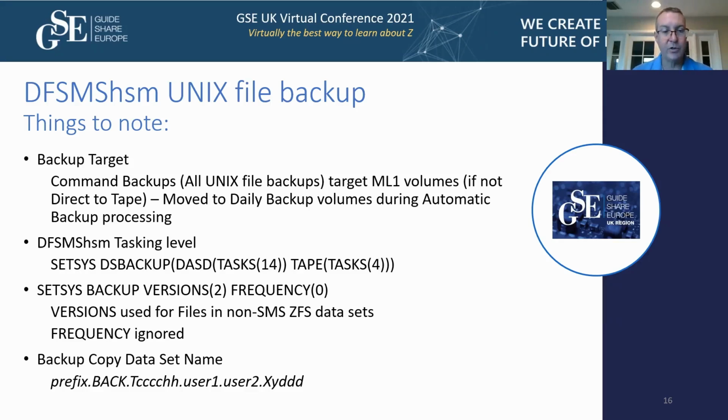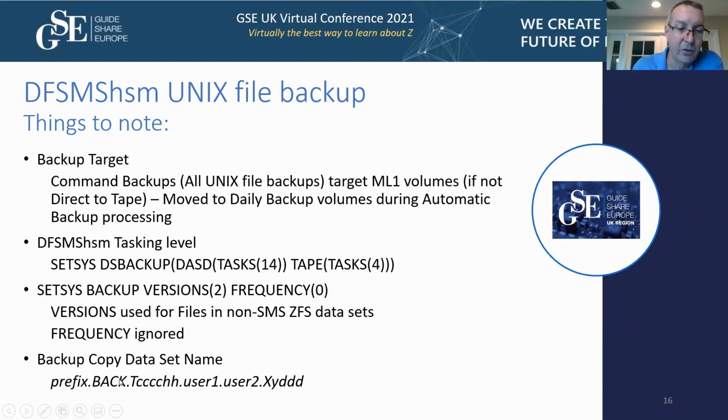The backup versions option in the SETSYS PARMLIB member tells HSM how many versions of a Unix file backup to keep, as long as it's from a non-SMS zFS dataset. So I'll talk about that in a couple of slides. And then last, the dataset name that the backup copy is placed in uses the new-ish HSM format.